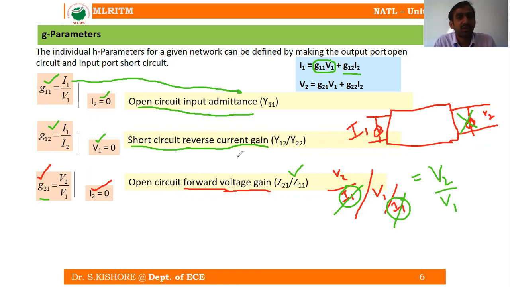And the short circuit reverse current gain can also be expressed in terms of the Y parameters, because it is the ratio of the currents.